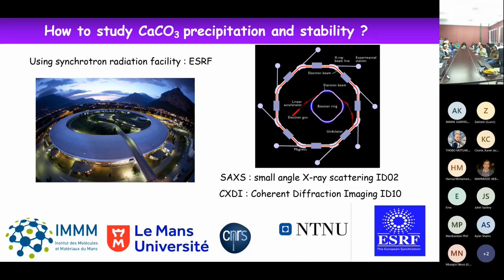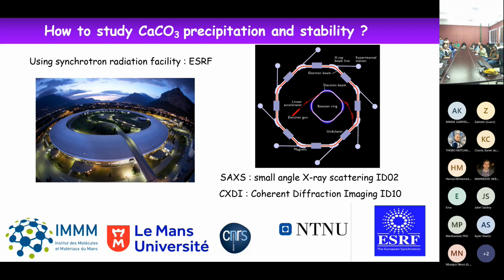And when they go inside this ring, they go either in straight lines, so they are not accelerated at all, they have the speed of light, but every time they go into a magnet, they are accelerated, and they create a very intense X-ray beam every time they go through a magnet. And this is the beam that we are going to use at the synchrotron.